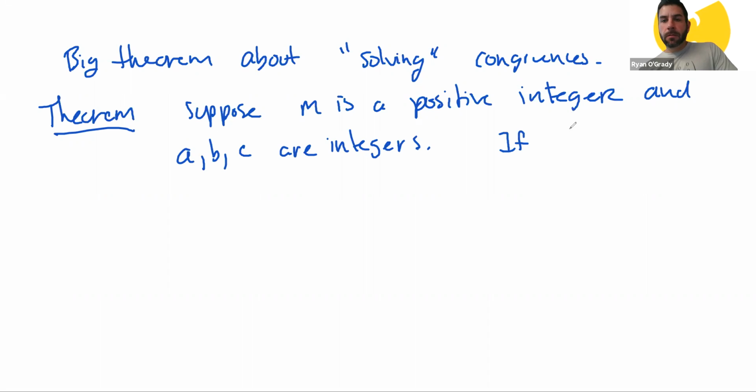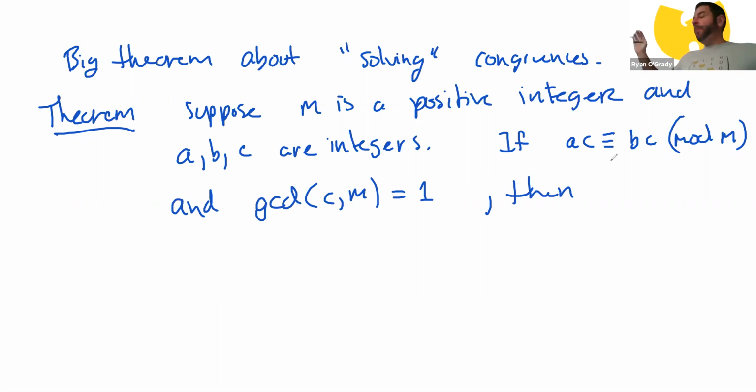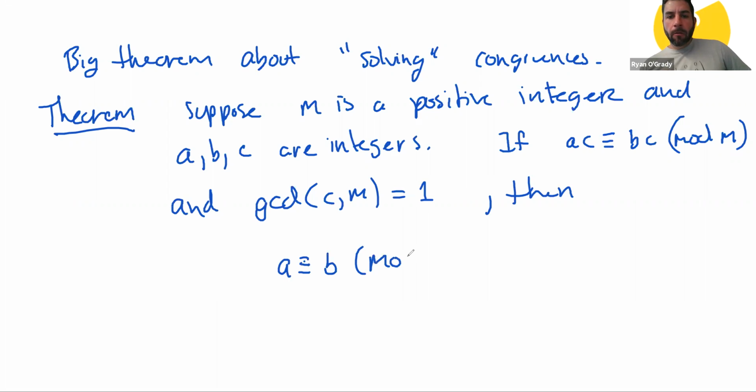If AC is congruent to BC mod M, and here's the key fact, the GCD of C and M is 1, then we can, quote unquote, cancel the C. So this is sort of like a cancellation law, but it requires this extra piece of information.